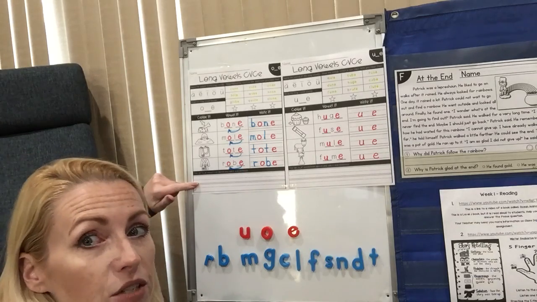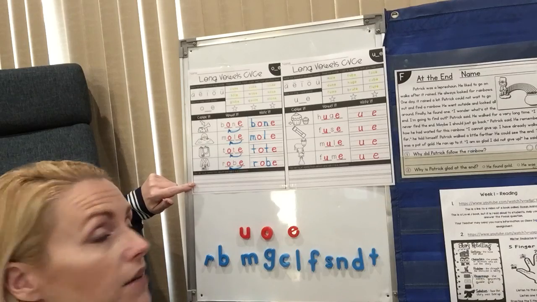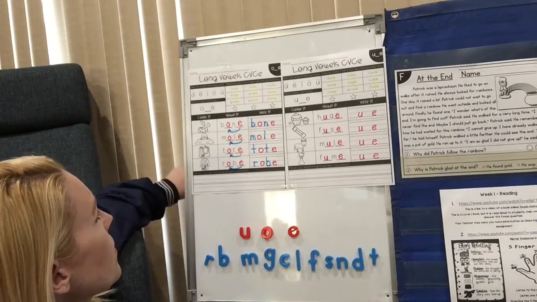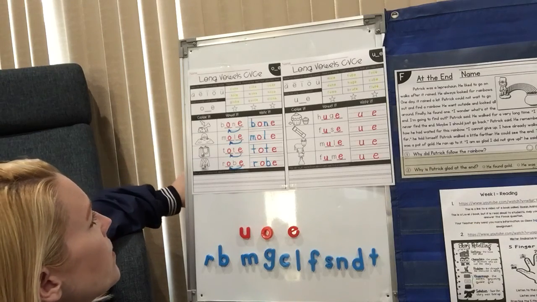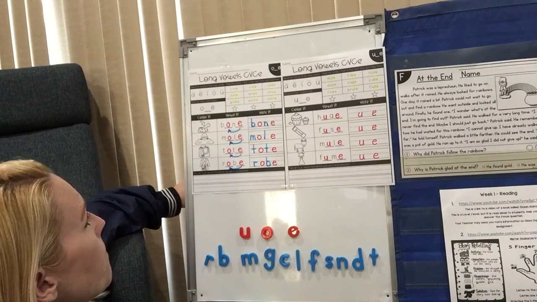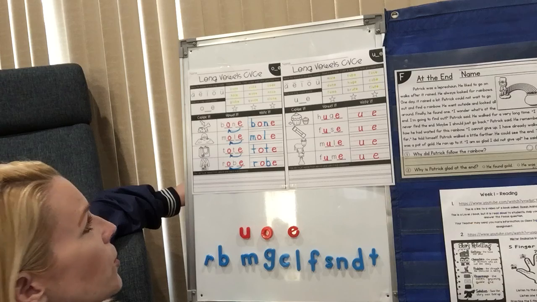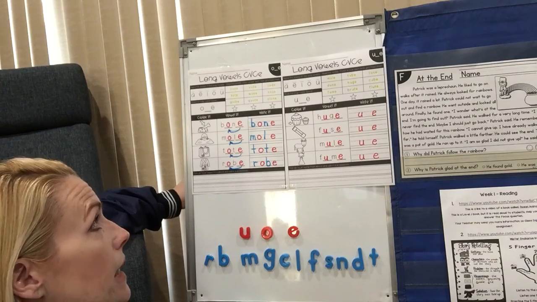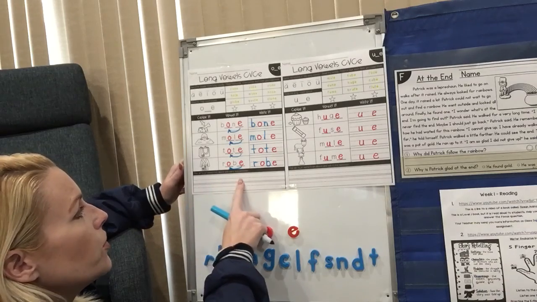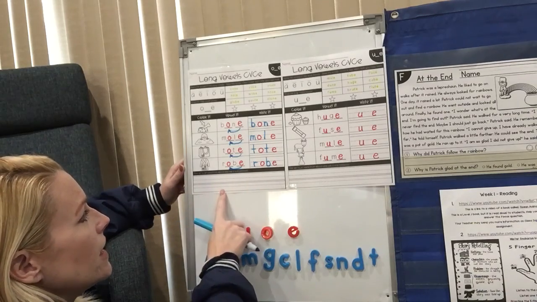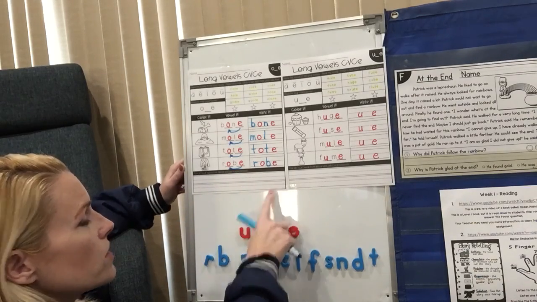And again, I always like to try to see how many long O words I can fit in a sentence. And so I'm thinking, what if I used tote and bone and I say, my dog put her bone in my tote. My dog put her bone in my tote.